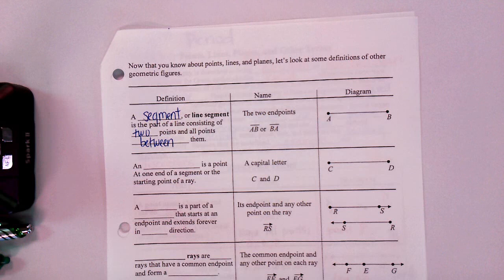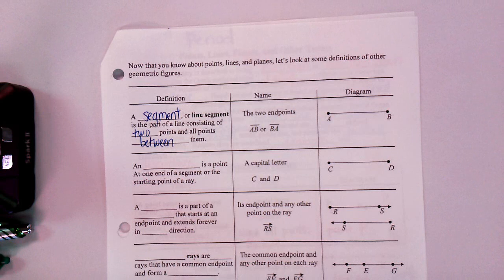A segment starts and stops, and a line goes forever. So we're going to have a start and end points. Everything's an end point, even if you start with it, right? It's on the line. It doesn't matter as long as it stops.